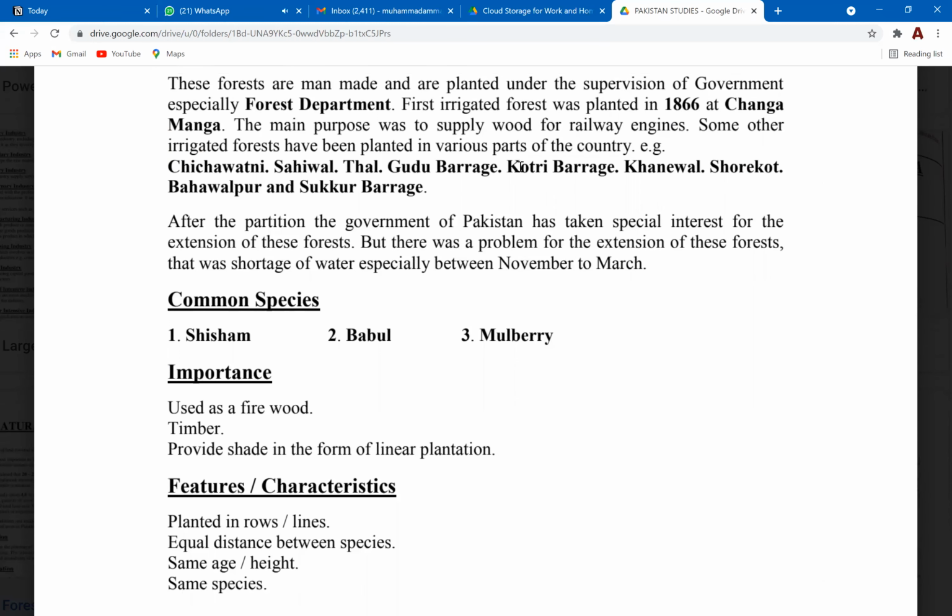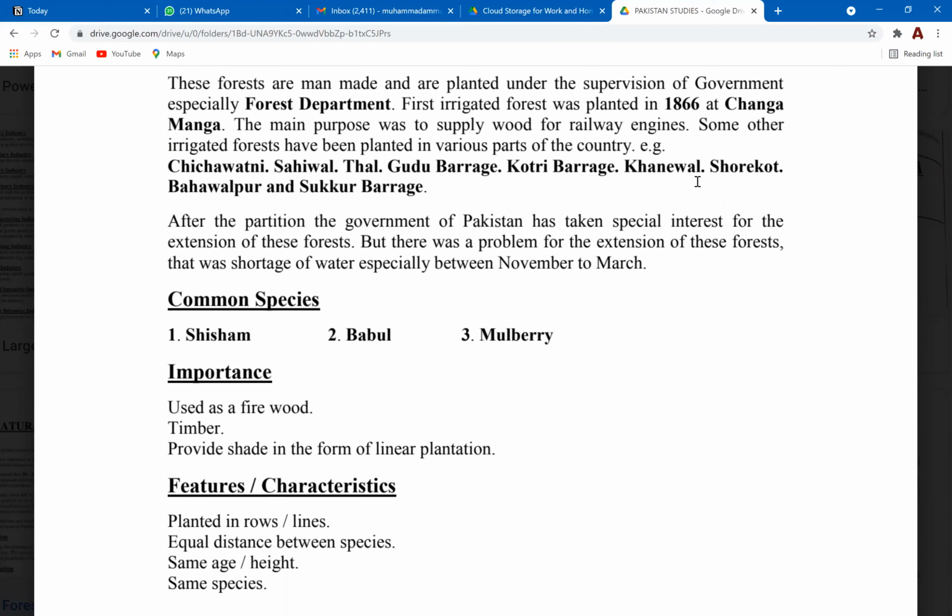So you can take the Changa Manga forest as an example, which was planted in 1866 by the government. That forest was basically planted to obtain wood for railway engines, because at that time they used to operate steam engines. 1866, not Pakistan, but the government in the subcontinent at that time.